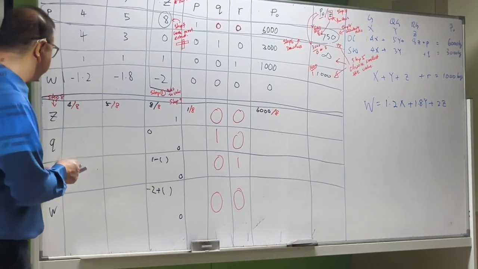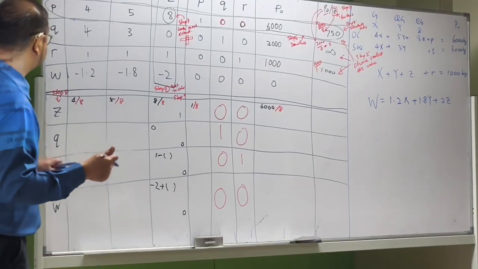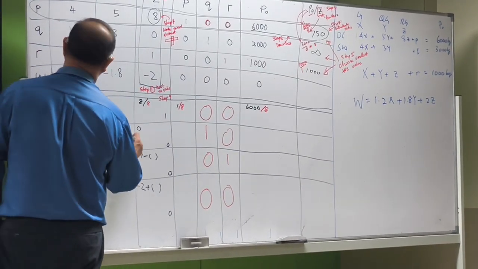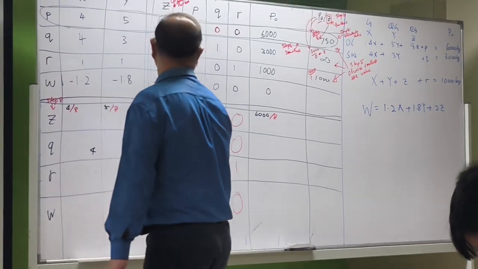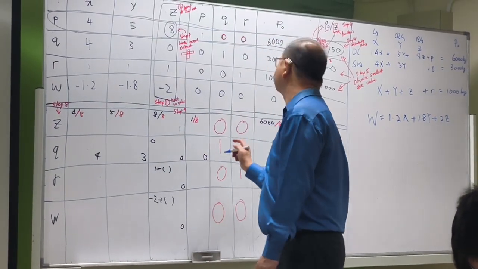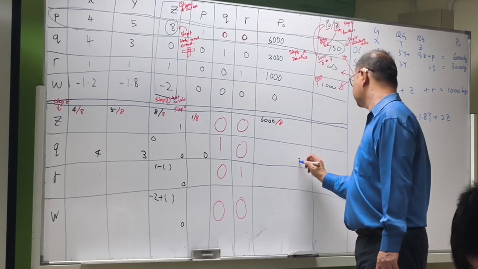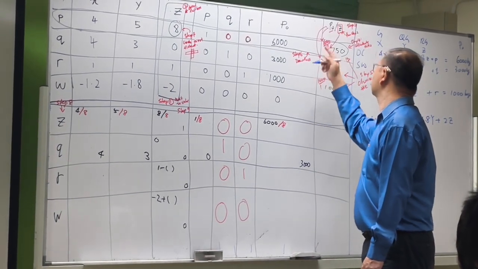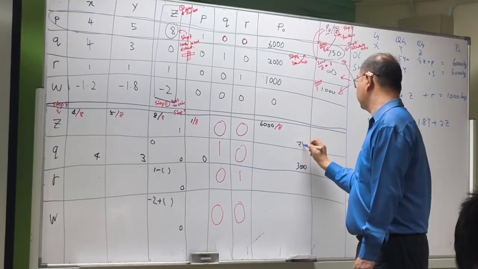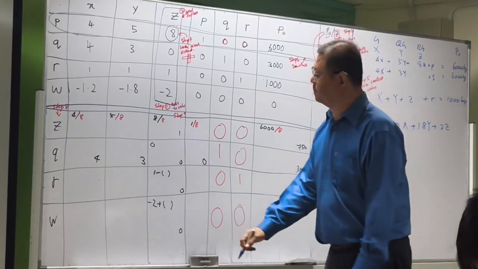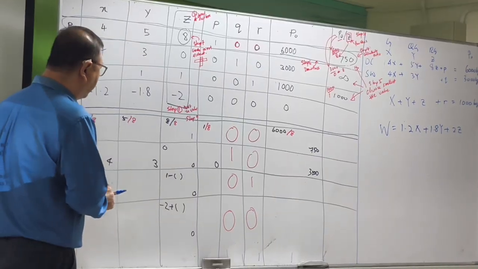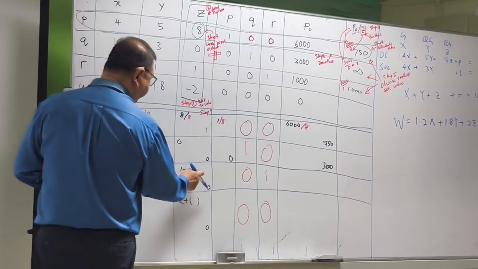You just copy down the original value. This one here: 1 minus something.